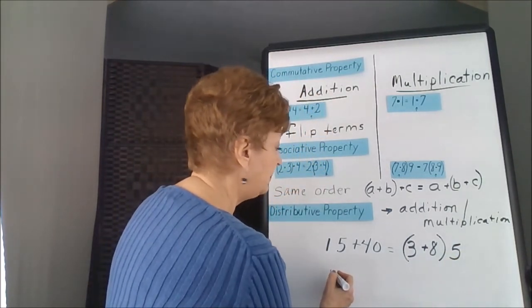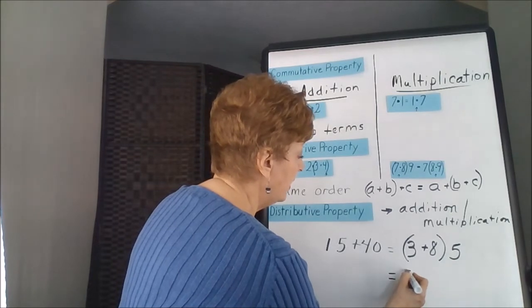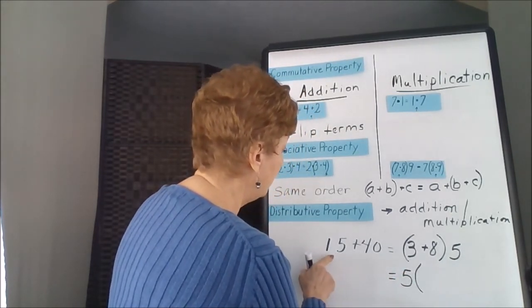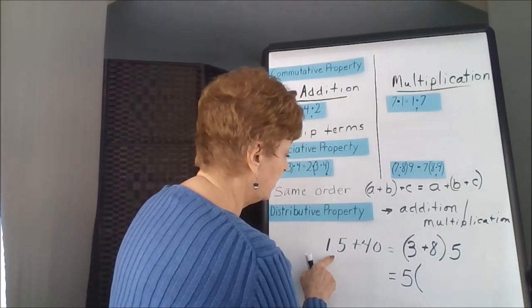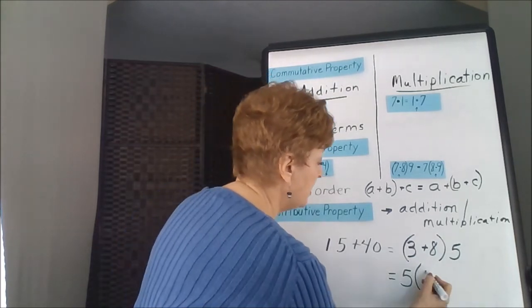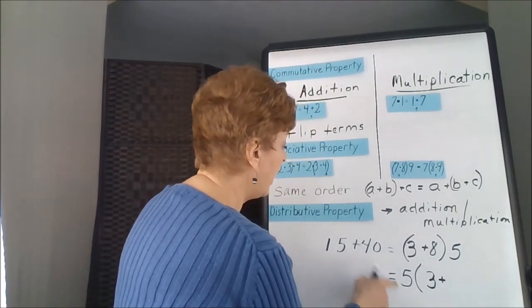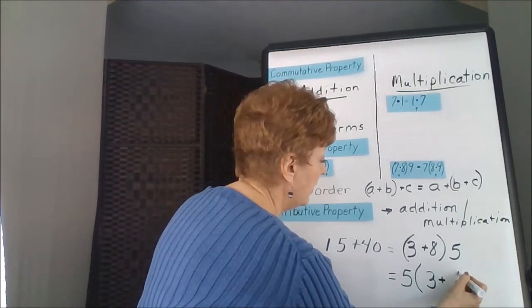Let's see that again. You could say that 5 is the factor you're pulling out of these. 5 will divide into 15 3 times, and there's our addition. 5 also divides into 40 8 times.